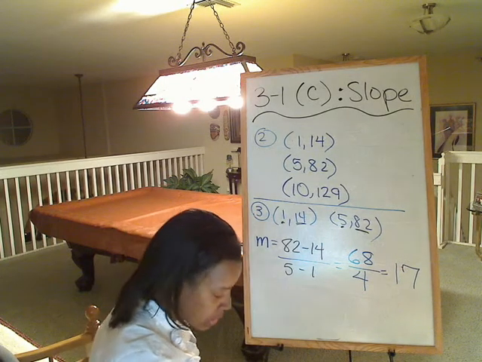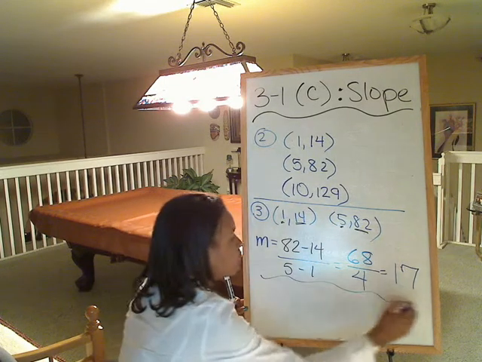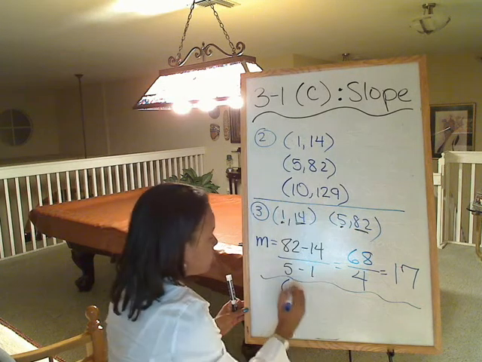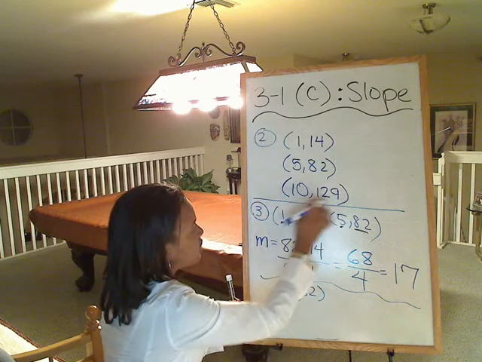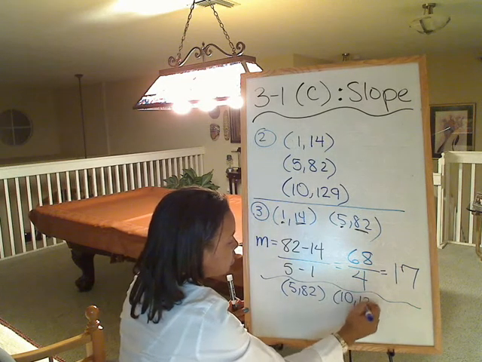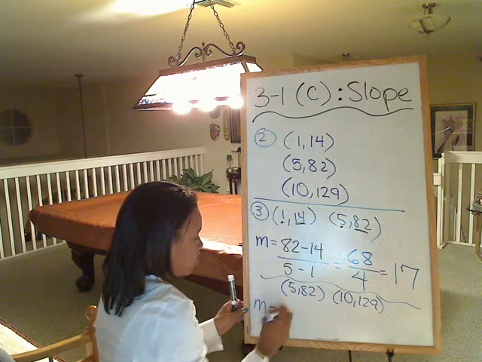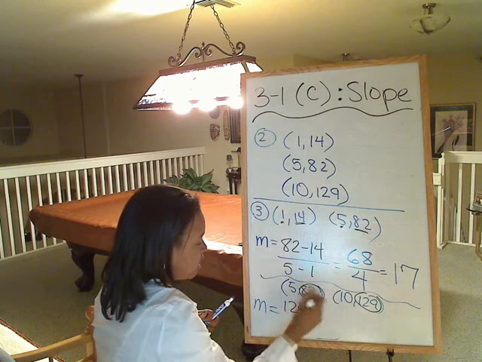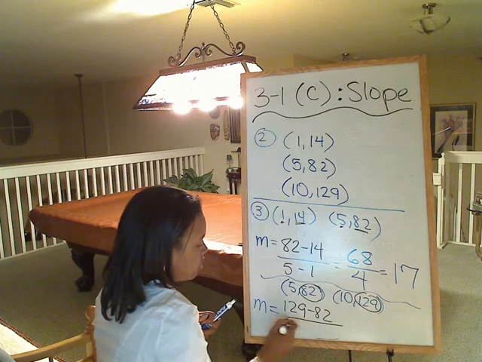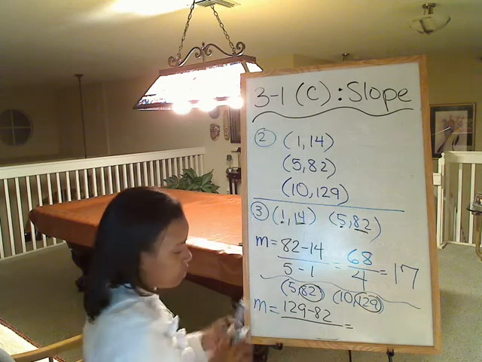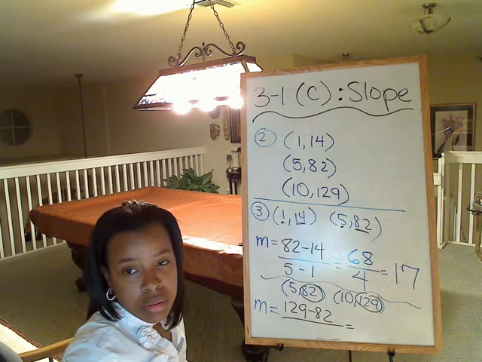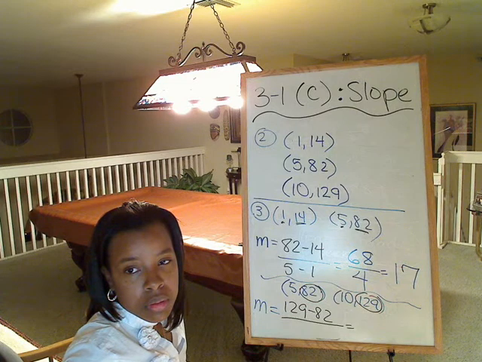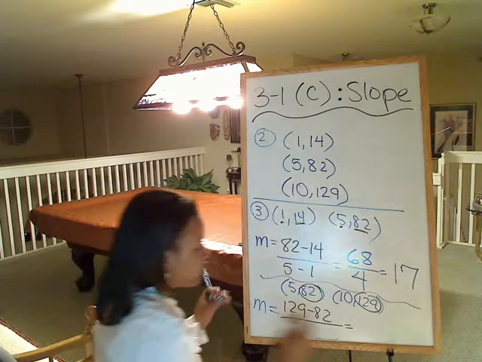That's only for one line. Now we've got to do the other part, the second line, which would be (5, 82) to (10, 129). Okay, so the slope equals, I'm going to start with this y, 129 minus 82, and that's going to give me 47.